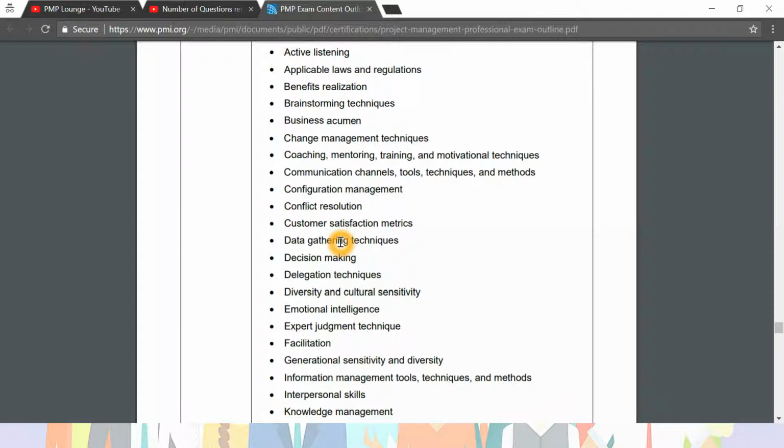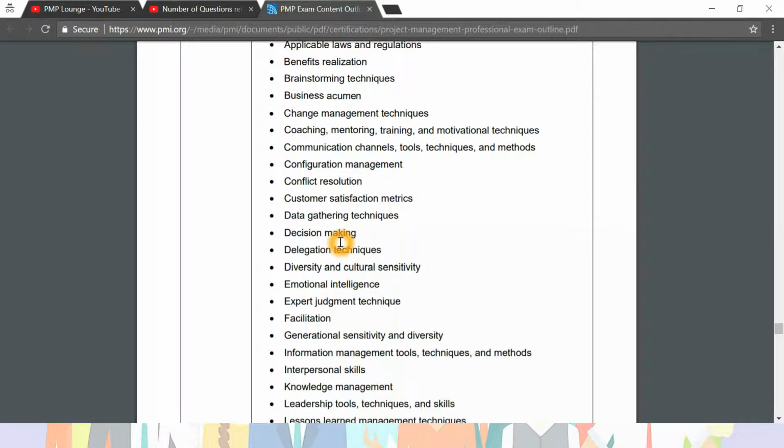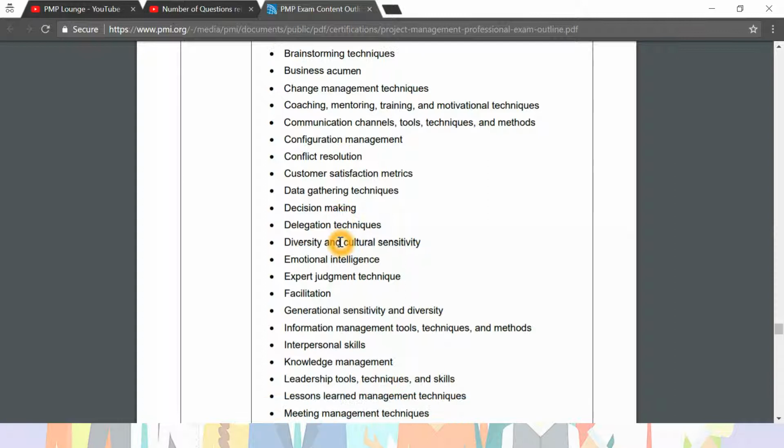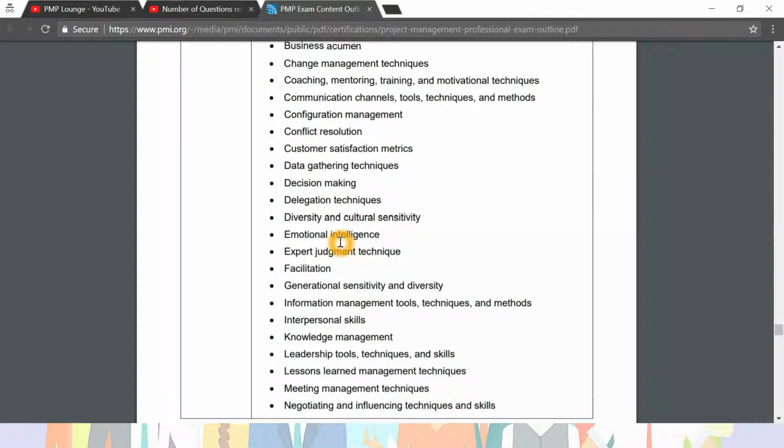Configuration management, conflict resolution, customer satisfaction metrics, data gathering techniques, decision making, delegation techniques, diversity and cultural sensitivity. Again, this is extremely important. If you're a project manager somewhere in the Middle East, you need to respect the culture there, right? You need to know certain things about that culture and you need to act accordingly.